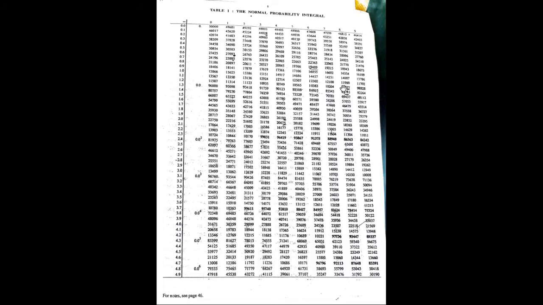Now this is the table which is called the normal probability integral table. Here we know that there are 10 columns, 0, 1, 2, 3, 4, 5, 6, 7, 8, 9, and the rows are 0.0, 0.1, 0.2, 0.3, 0.4, 0.5 up to 4.9.